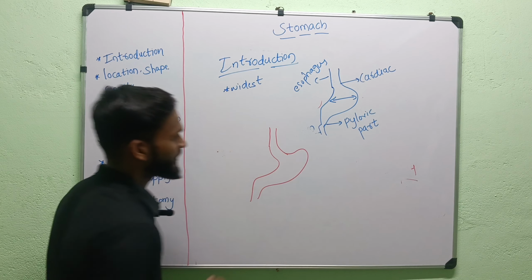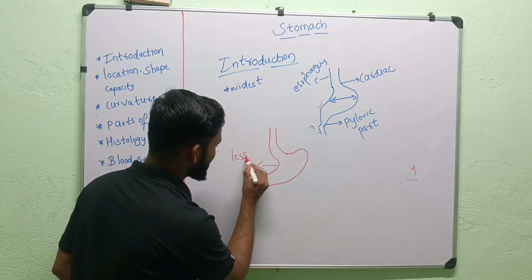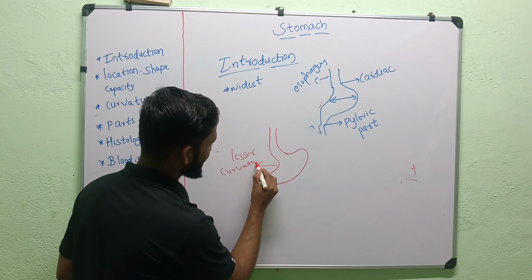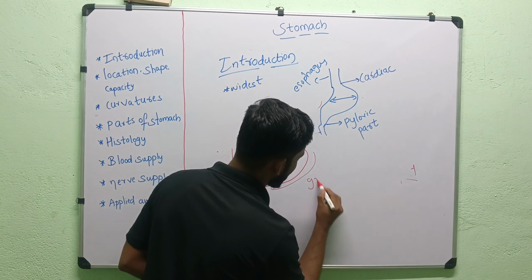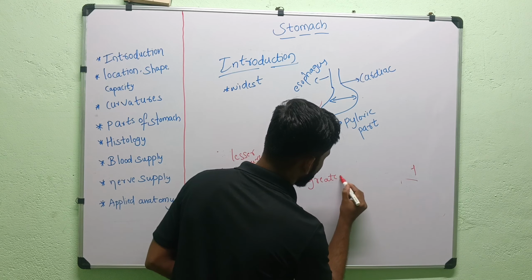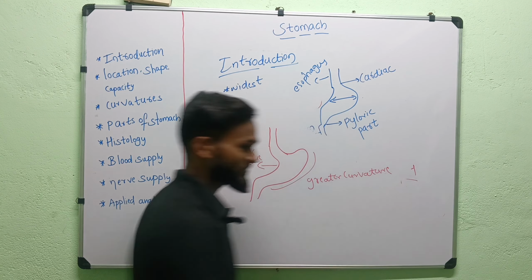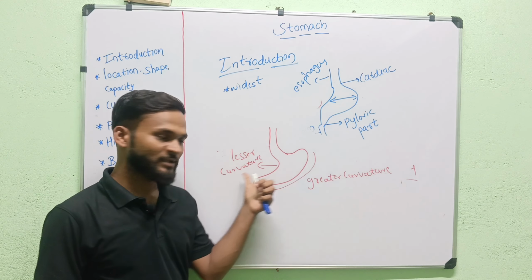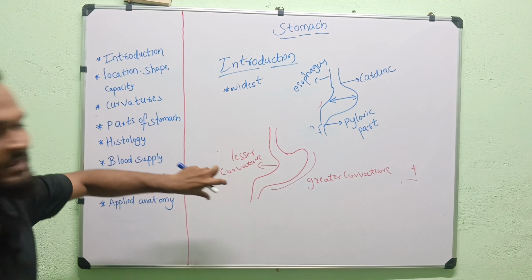This curvature is known as the lesser curvature, and this curvature is known as the greater curvature. One is the lesser curvature, another is the greater curvature. That is all about the curvature of your stomach.